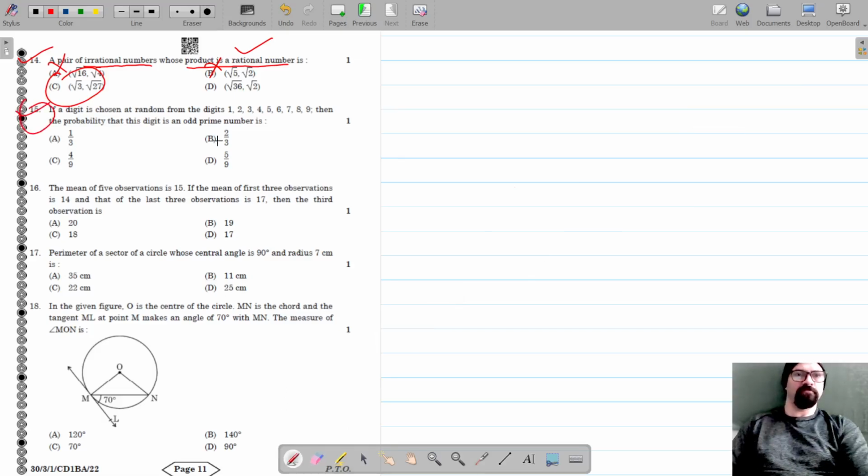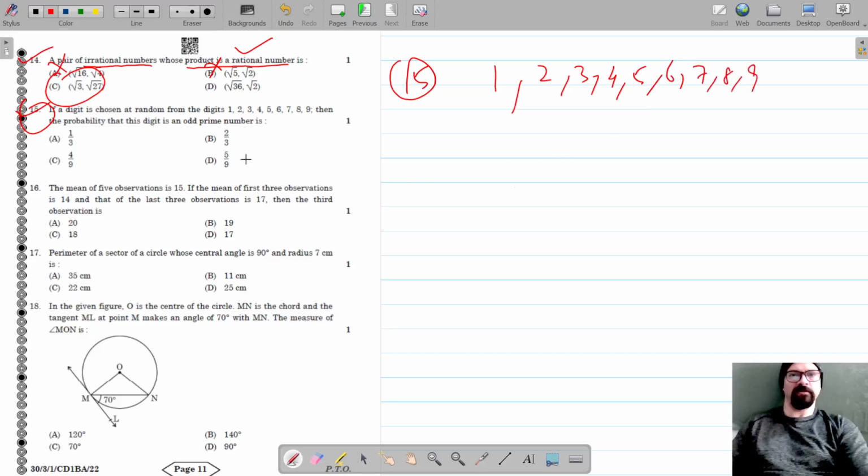Now moving on to question number 15. For question number 15, we are given the random digits 1, 2, 3, 4, 5, 6, 7, 8, and 9. These are a total of 9 digits. We have to find the probability of an odd prime.